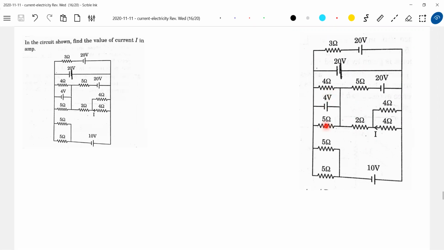There's a cell, these two, effectively one cell. These two again effectively one cell. To some extent you can solve by grouping of cells, but every time it's not advisable.